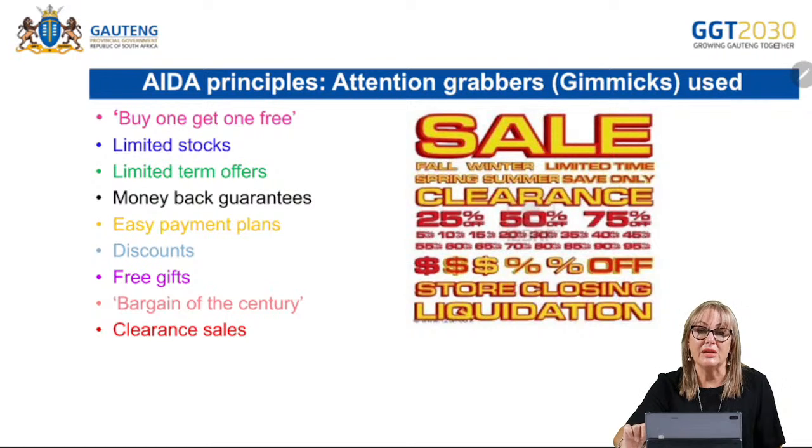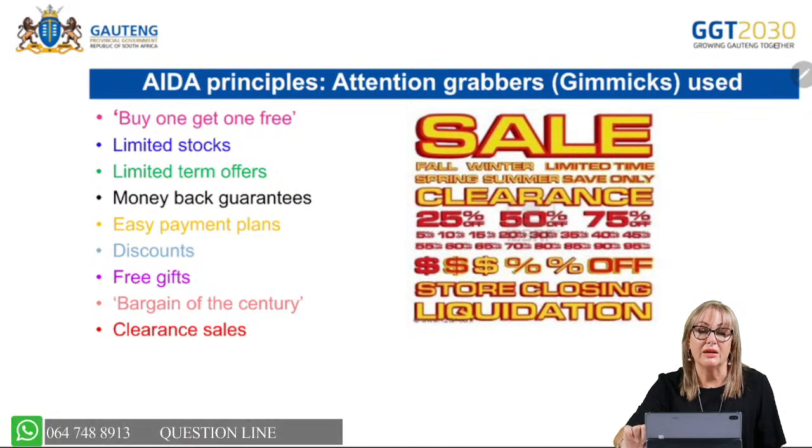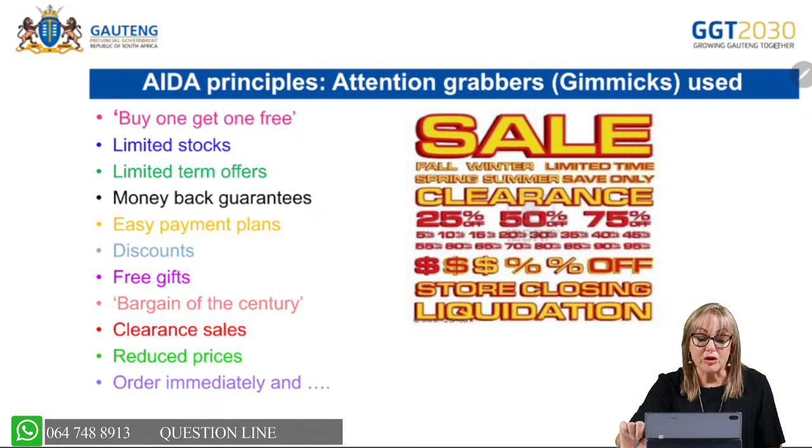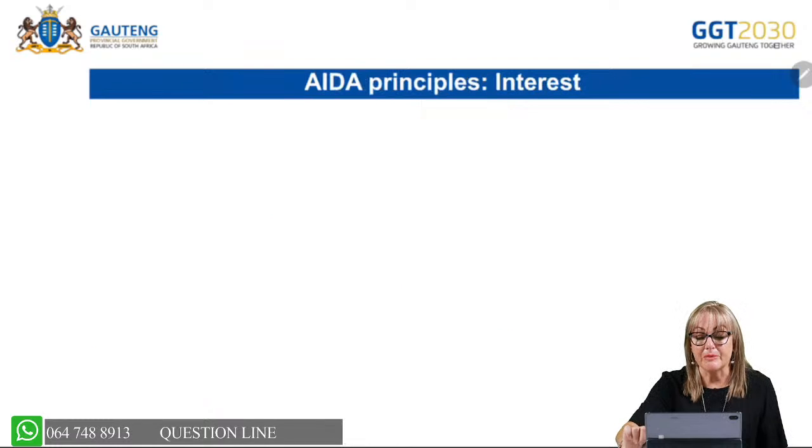All the time, these clothing shops have clearance sales where they just try and get rid of last year's stock. But we fall for that. It's a clearance sale. And reduced prices. The two are linked, the clearance sale and the reduced price. And then the last one, order immediately and get 2 items. And that will persuade people as well.